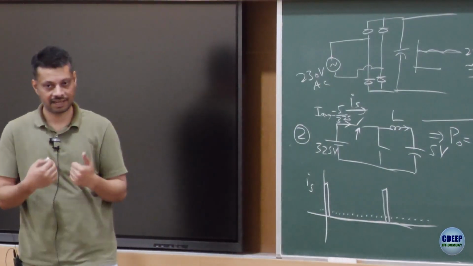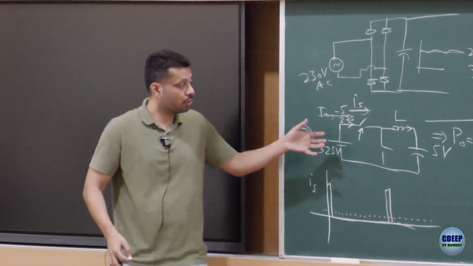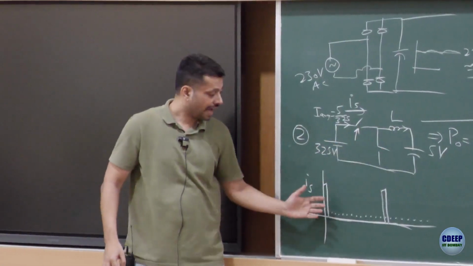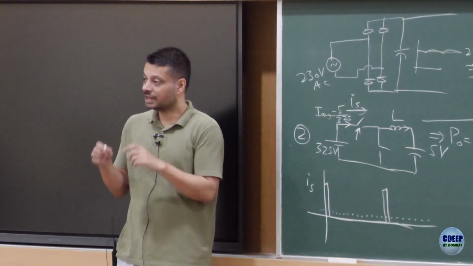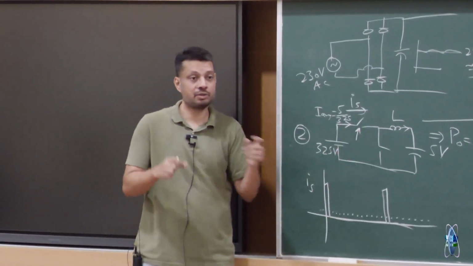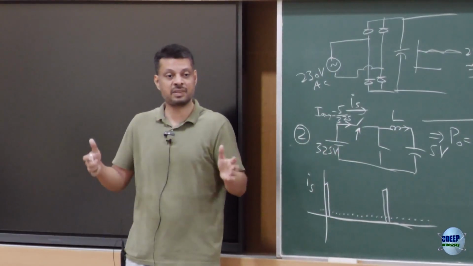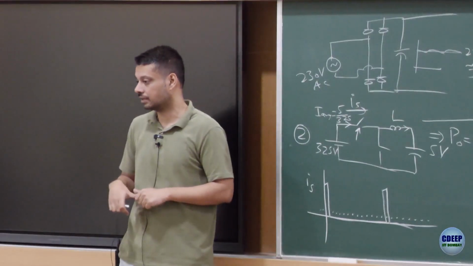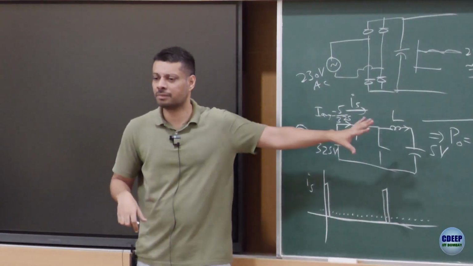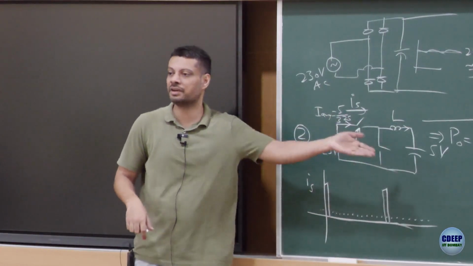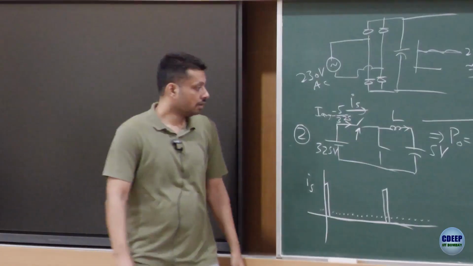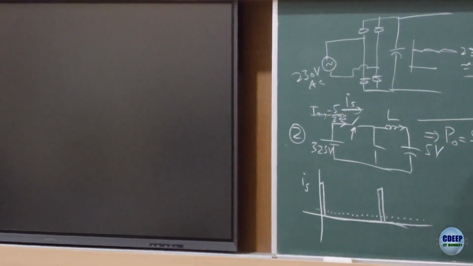So the average current remains the same, and therefore if you are creating 5 volt, your RMS current is becoming very, very large. The average is still the same, but the switch you would have to use here should be capable of handling a large RMS current and also large peak currents. So it may not be an optimal solution in terms of cost to produce 5 volt from a 325 volt source.